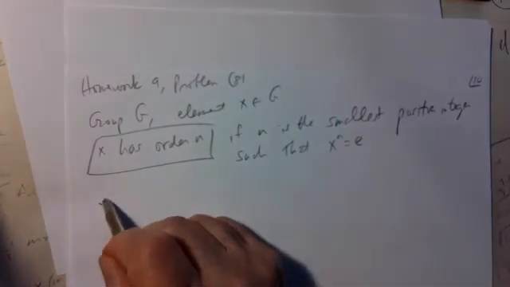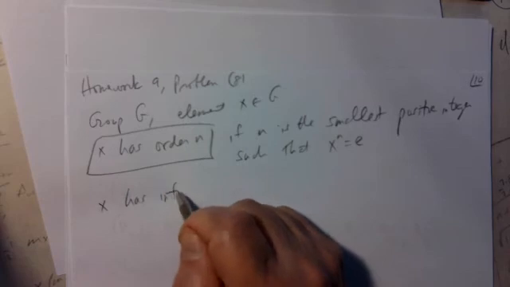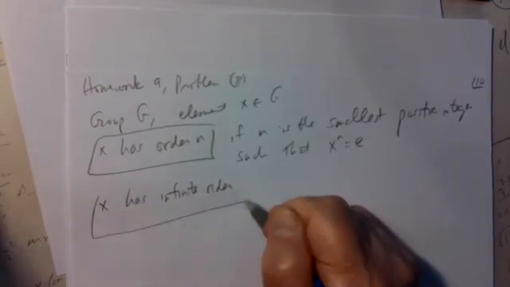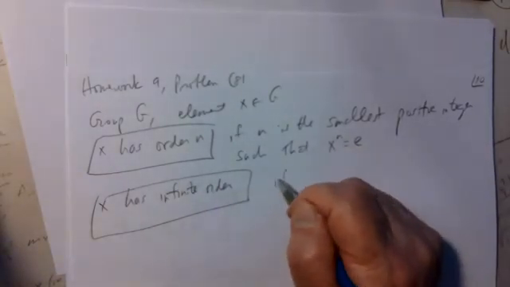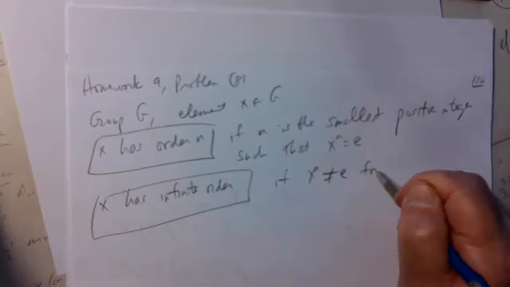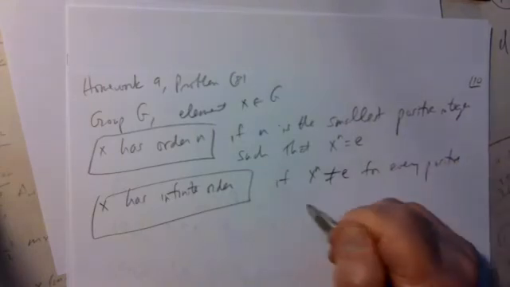And we also say x has infinite order if it doesn't have order n for any n. If x to the n is not the identity for every positive integer.